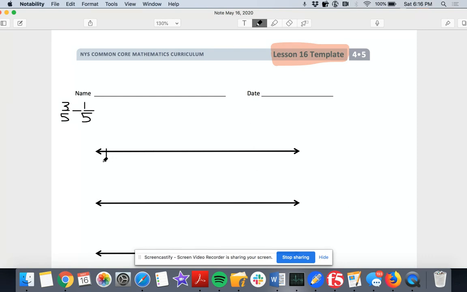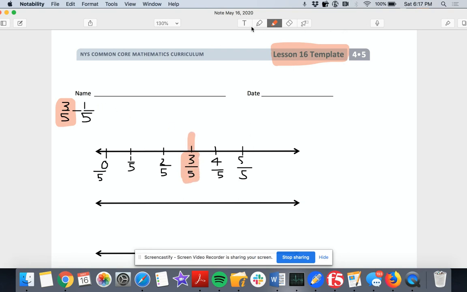We start off with 0/5, 1/5, 2/5, 3/5, 4/5, and then 5/5. And we are starting off with 3/5, which is right here.